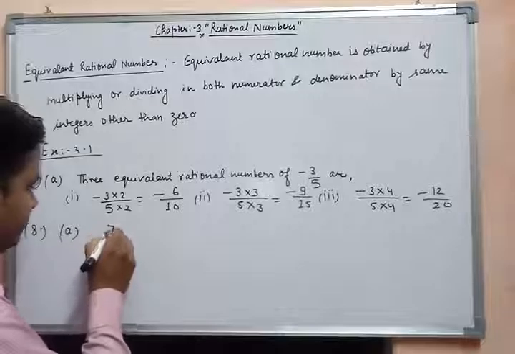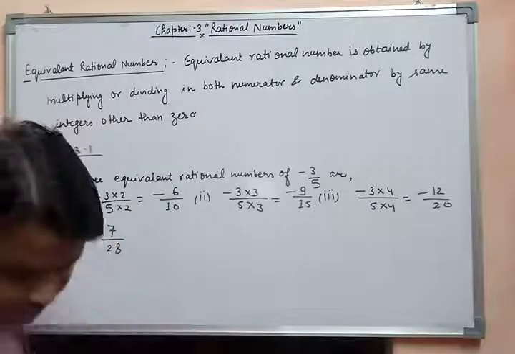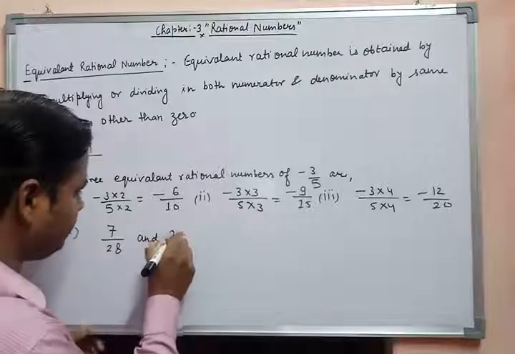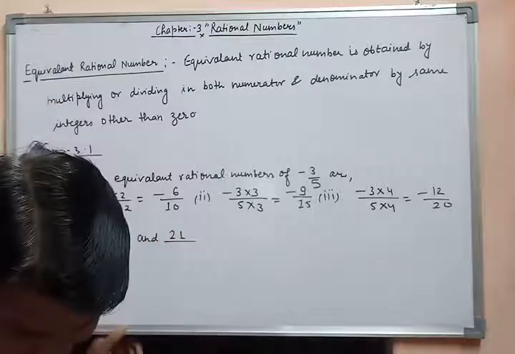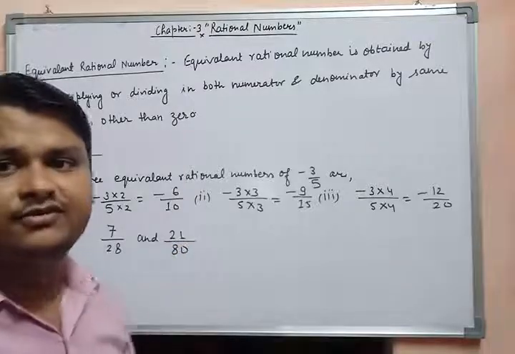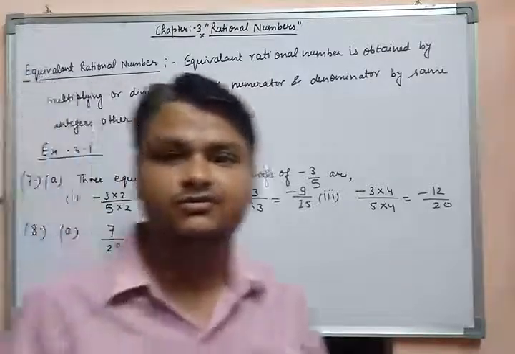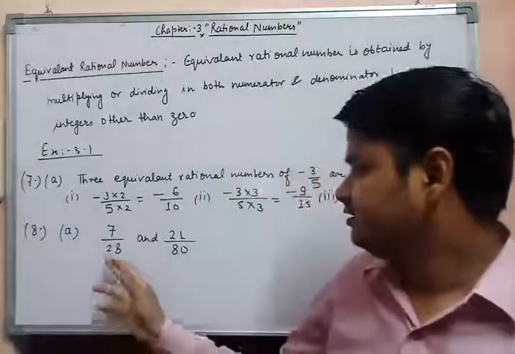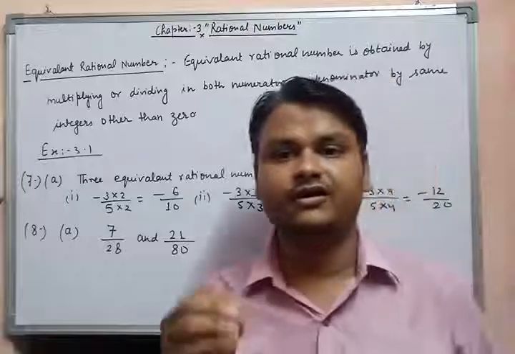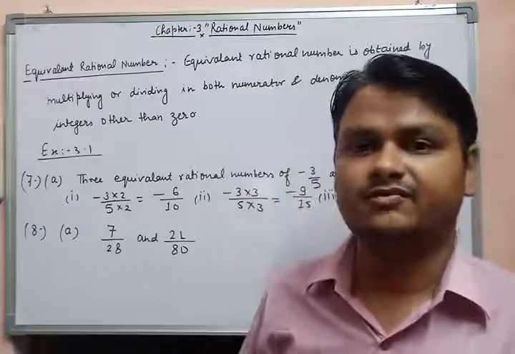First part, you are given 7 upon 28 and 21 upon 80. So students, in this type of question, if you want to check whether the rational numbers are equivalent, then you have to apply the concept of cross multiplication.